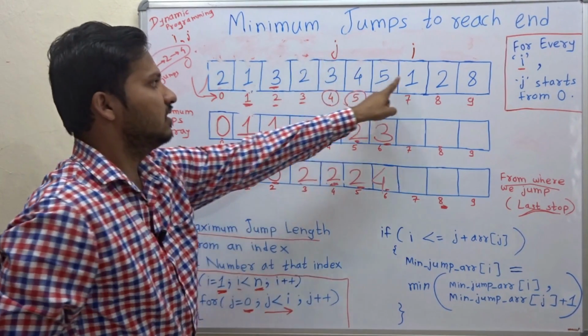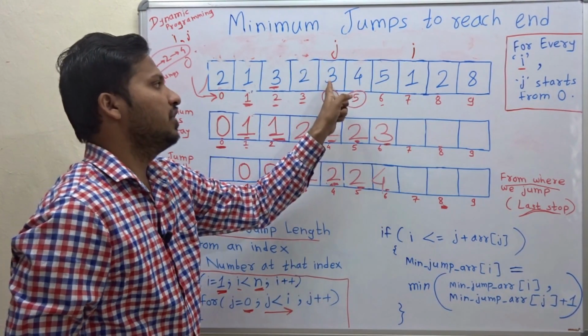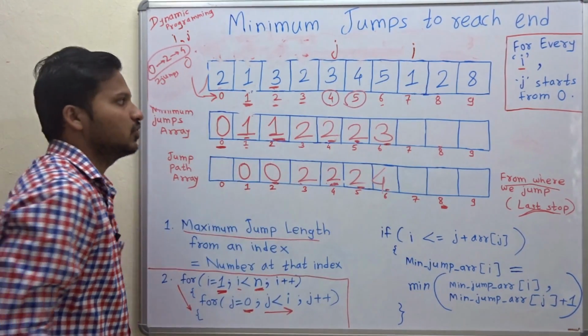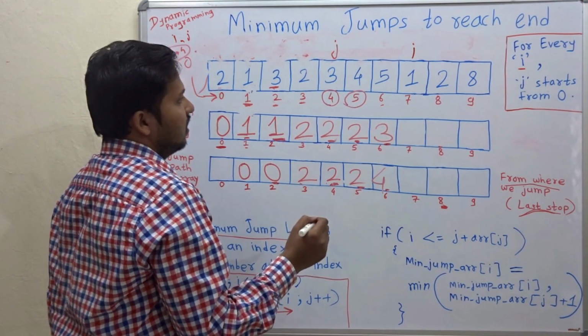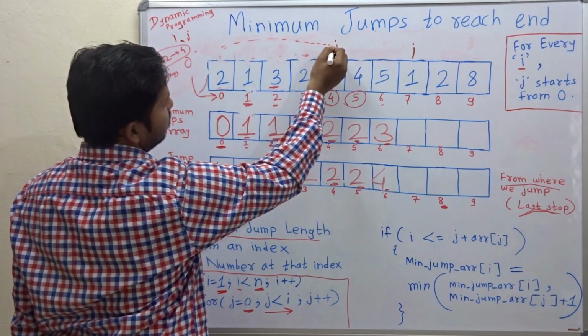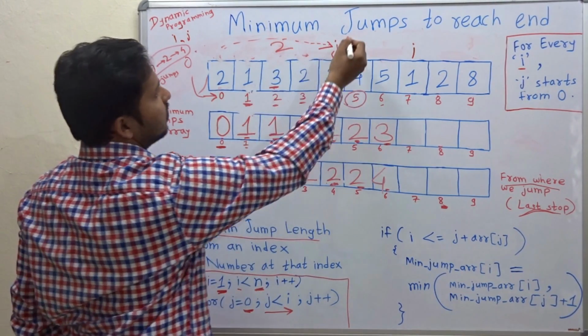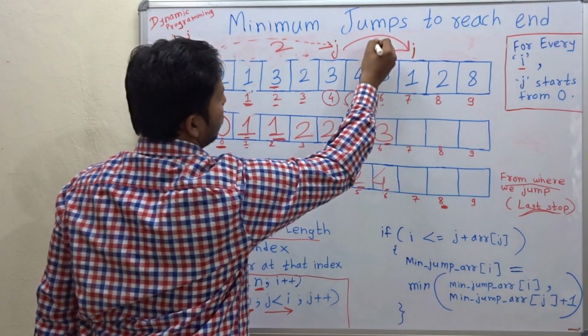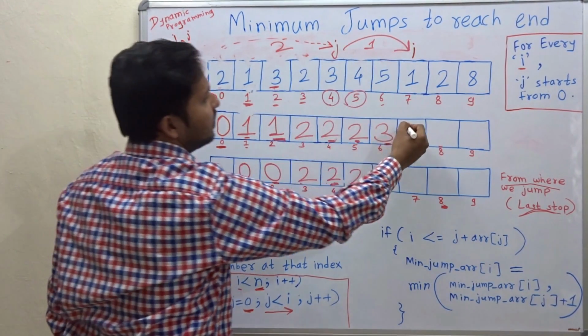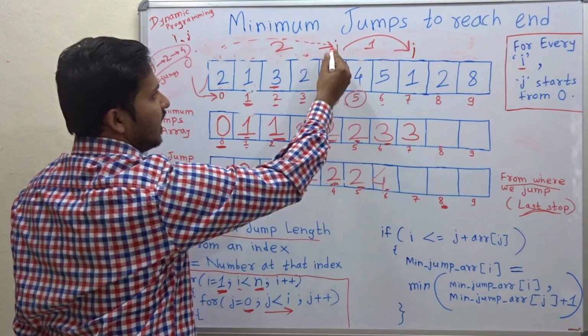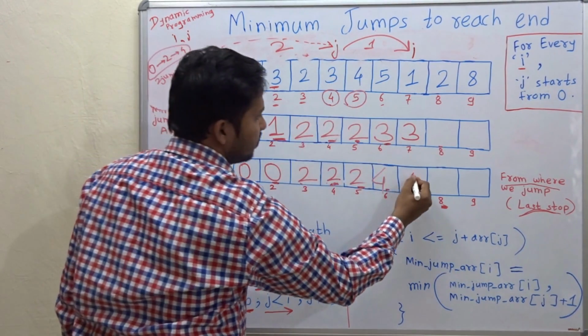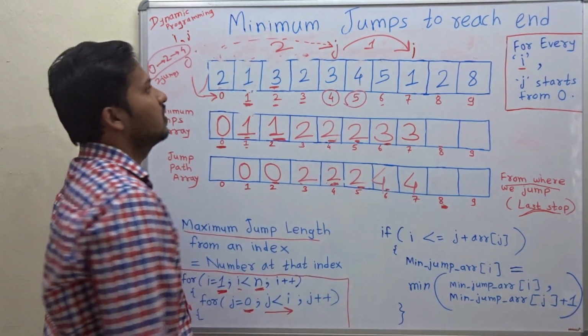Then yes, it is in range. 3 places from j is I. So it is in range. So to jump to j, how many jumps? 2 jumps are needed, and from j to I, 1 jump. So 2 plus 1 is 3. 3 jumps. And from where do we jump? From the 4th index. Okay.